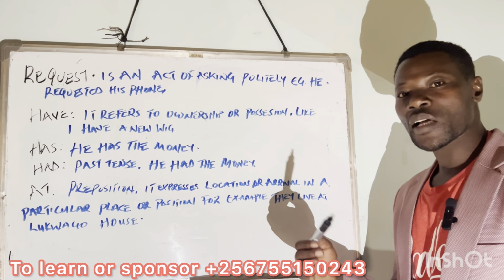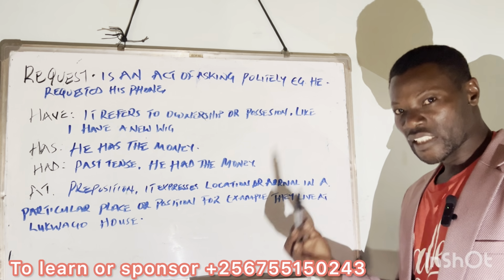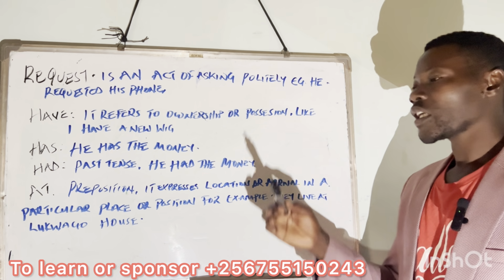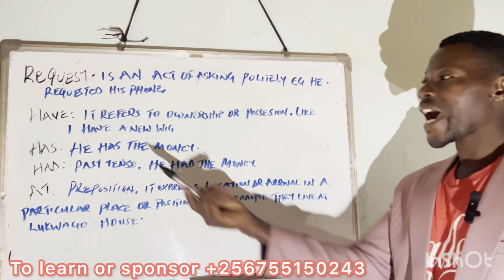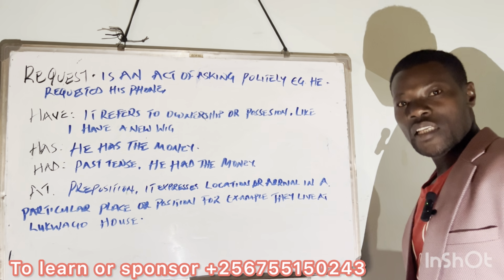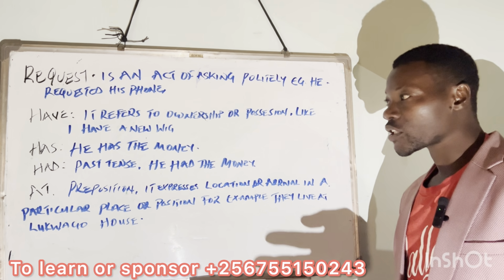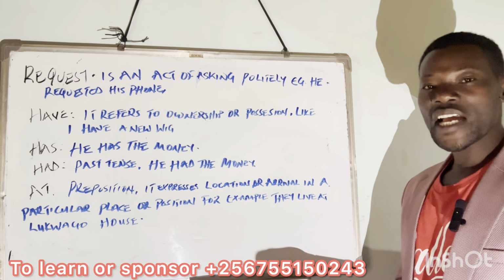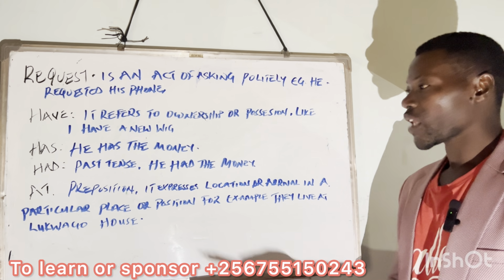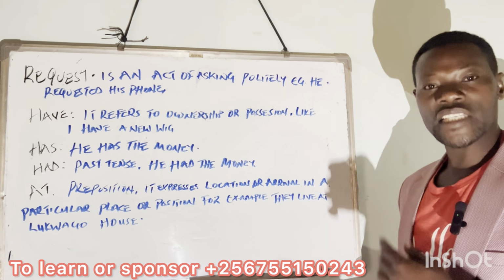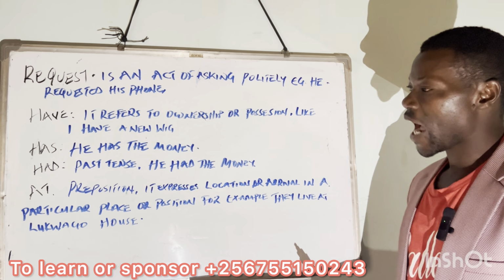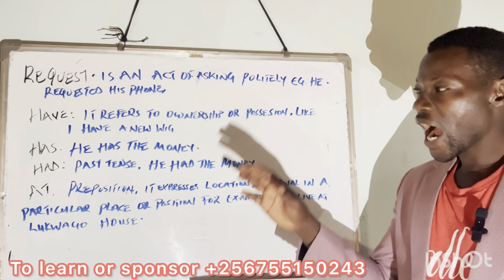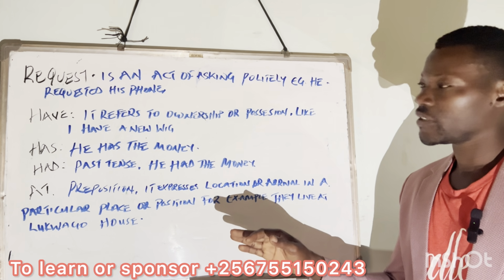Tuba tuli kwogera mu present tense nga twagala okureferringa to past tense. We say he had the money. I have a wig. If I had it a week ago, I would say I had a wig. Nalina wig oba akaviiri. Ndowooza okitegedde. Had engeri gyekozesebwamu. That's how we interchange have, has, and had.